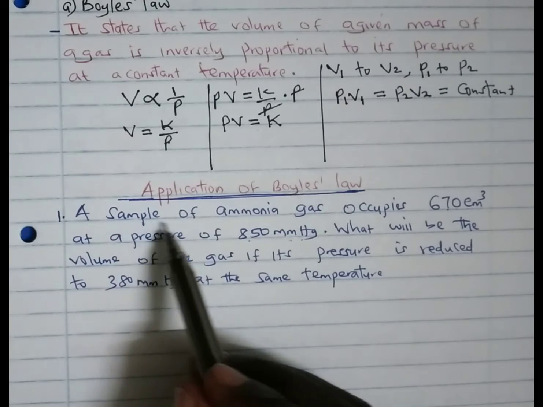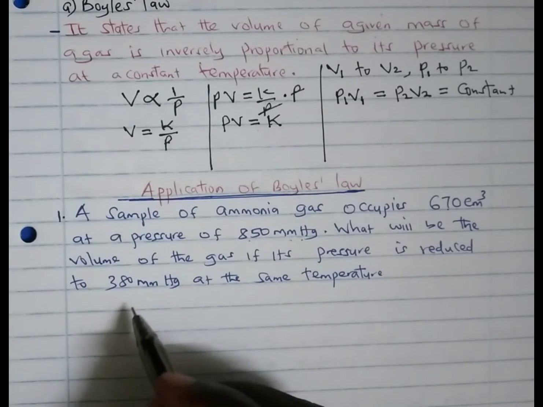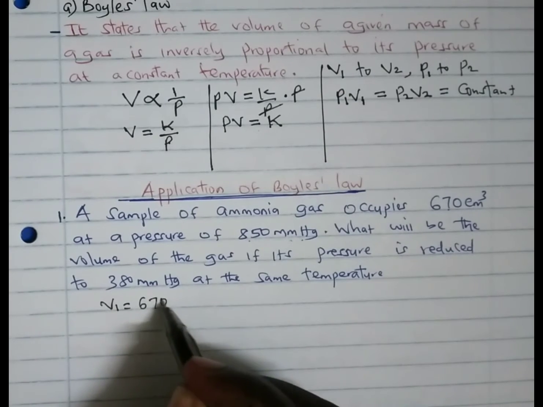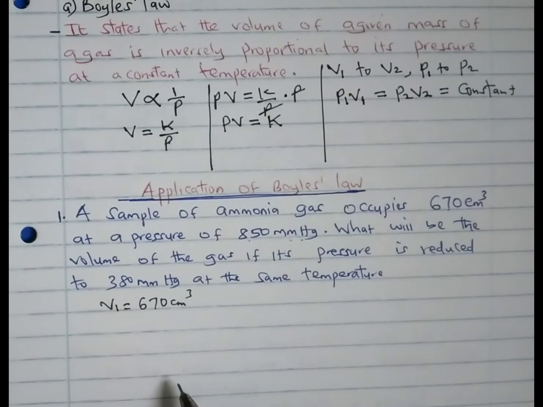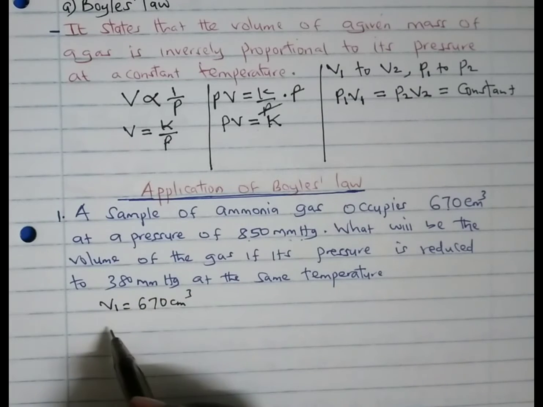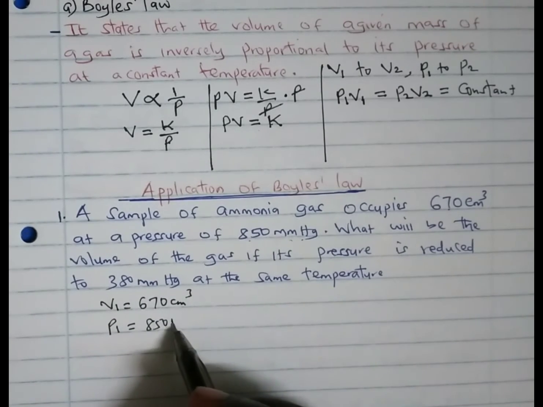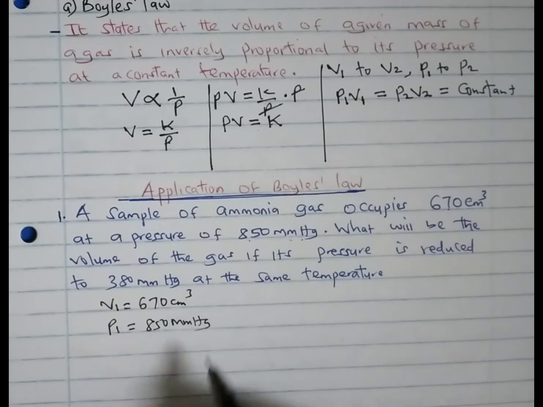From this question, a sample of ammonia gas occupies a volume, that is V1, of 670 centimeter cubic at a pressure, this is pressure 1, which is 850 millimeter mercury.